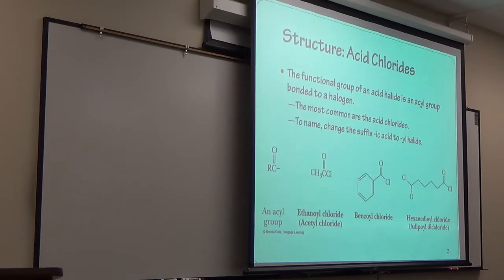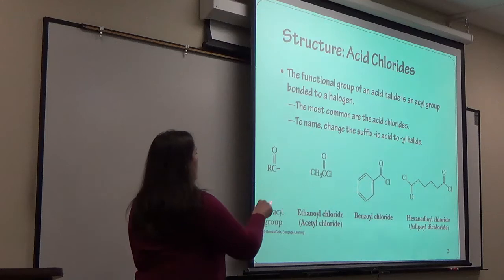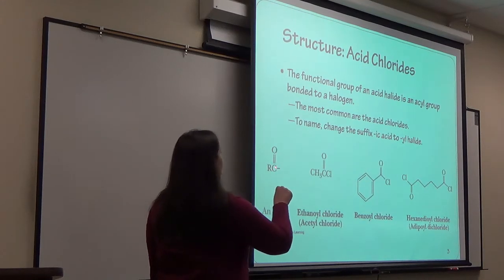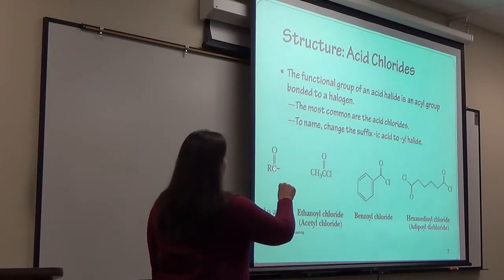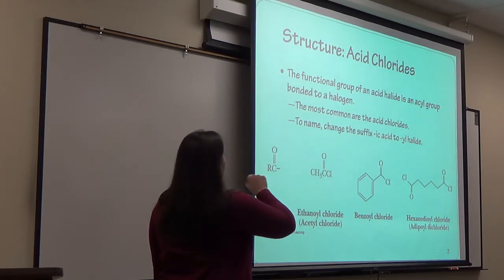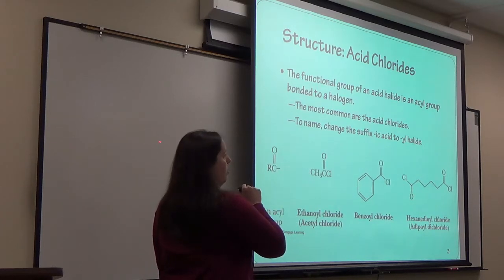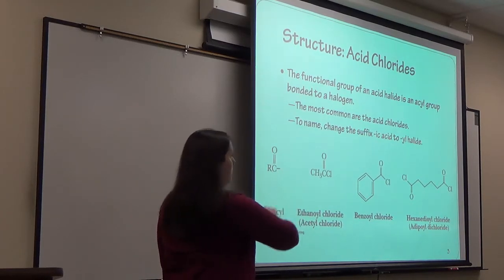And so let's start with the acid chloride. So the functional group now is going to have a C double bond O, which when it's attached to an R, we call an acyl group. So just the C double bond O is called a carbonyl. But when there's a carbon chain associated with it, it gets a separate name called acyl.